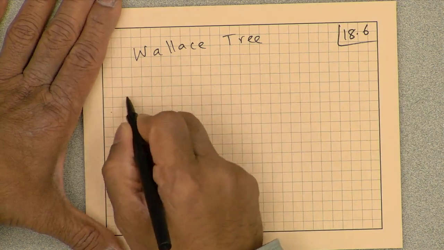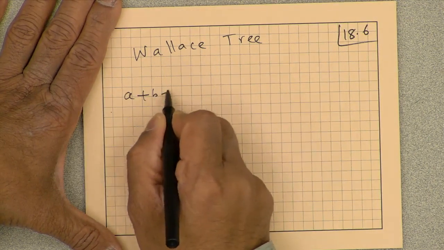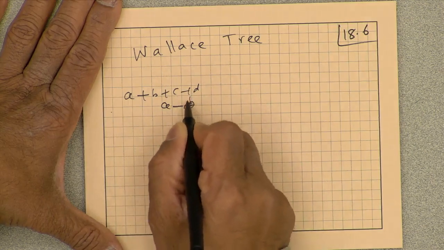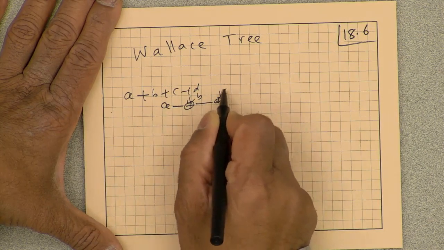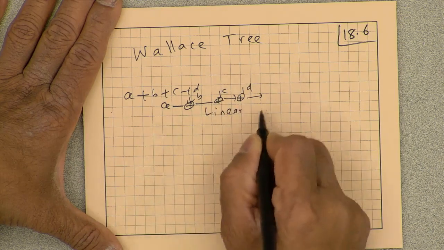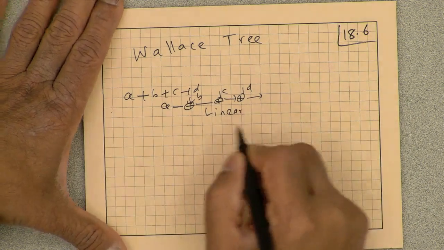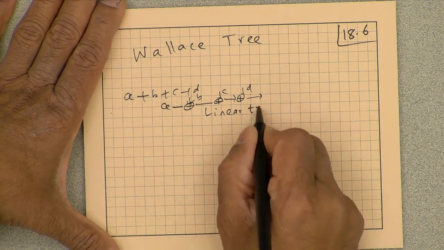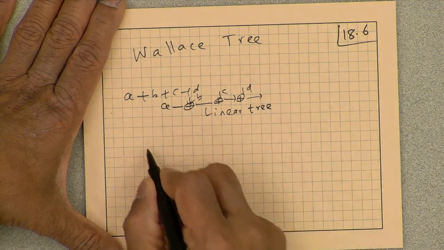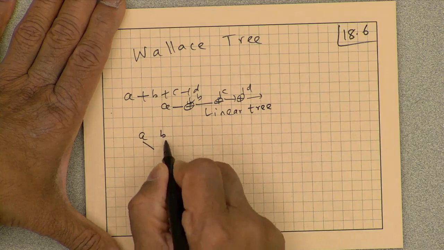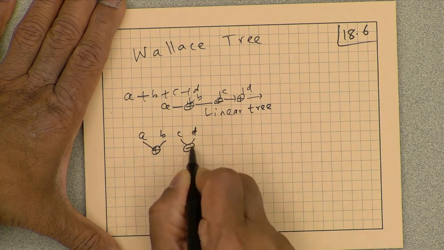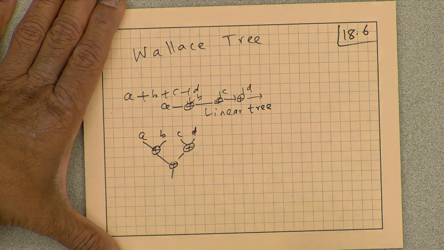Okay, well, what does a tree really do? If I'm adding a plus b plus c plus d, you take a, add that to b, add that to c, add that to d. That's what is known as a linear adder, linear or sequential, sometimes called linear tree. It's not a tree, but it's a linear tree. A binary tree, you take a and b and add them, and take c and d and add them, and add these two, and then we get the result.